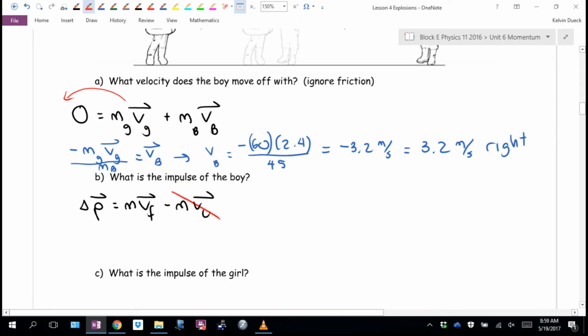Jenna, why can I cross that out? Yay! Great. So the change in momentum, the impulse of the boy, is the boy's mass, 45, times the boy's velocity, 3.2, which is what?